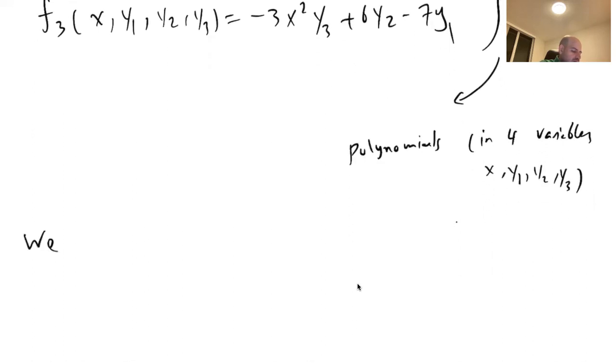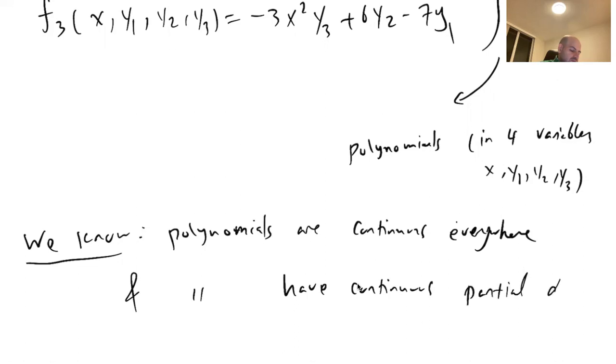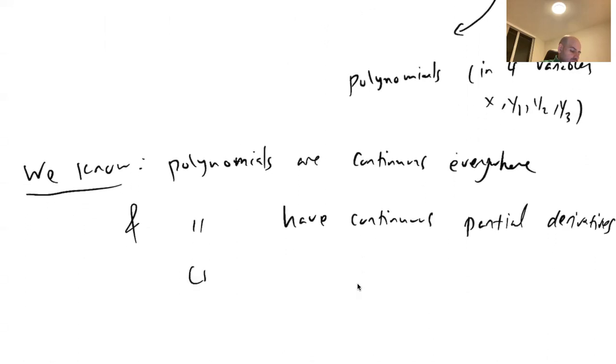And we know that polynomials are continuous everywhere. And polynomials have continuous partial derivatives with respect to each of the variables.